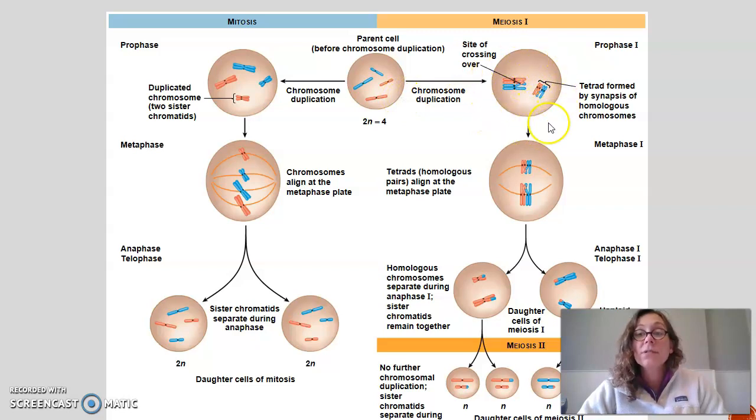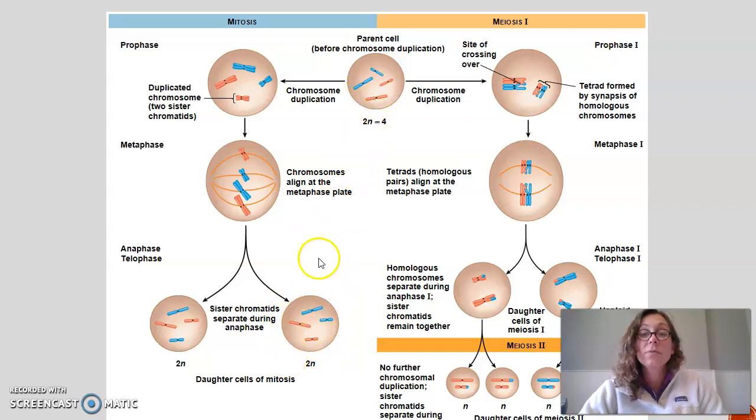So again, in meiosis, we have that tetrad formation and crossing over that occurs, right? Metaphase 1 looks very different in these two because since we have the tetrad formed, we need to pull apart our homologous chromosomes to create haploid cells here, and then we undergo another round of division for meiosis 2. You'll also notice that if you compare this parent cell to your mitotic daughter cells, these are identical.